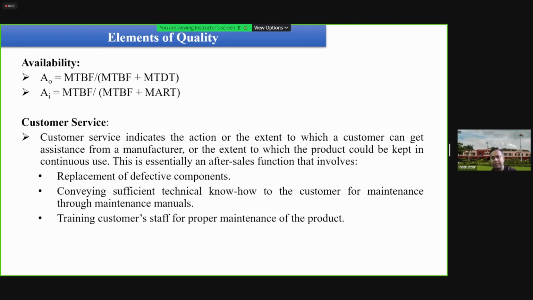Now the situation has changed, but a decade back, especially for electronic products, people used to dump a lot of their used products here, and we used to buy. Now we are buying more and more new products. So the point is, these two elements also need to be focused on more from our context, the Indian manufacturing scenario.